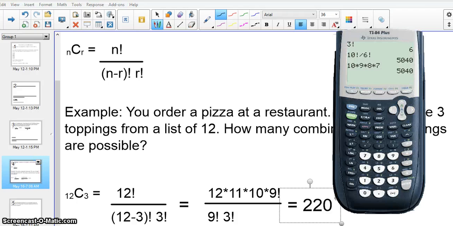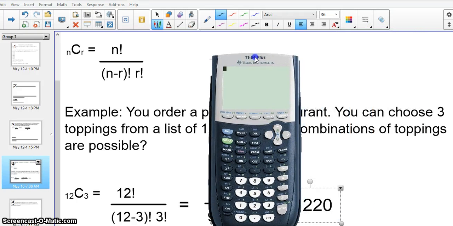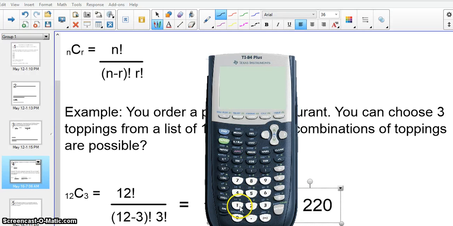So if you're going to type this one straight into your calculator, then you would do 12 factorial divided by, and then you want to put your denominator in parentheses. So 12 minus 3 is 9 factorial.